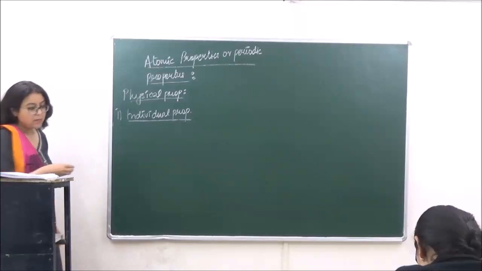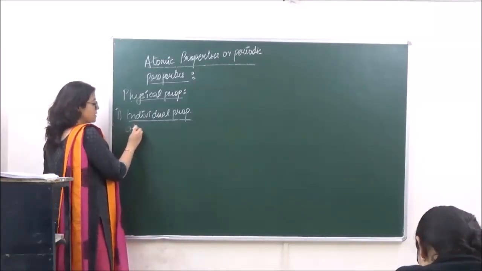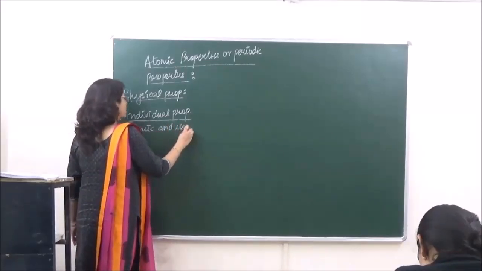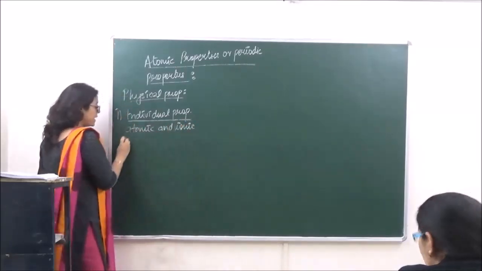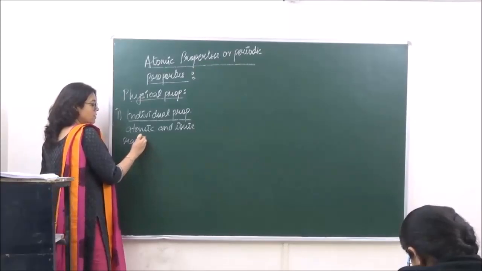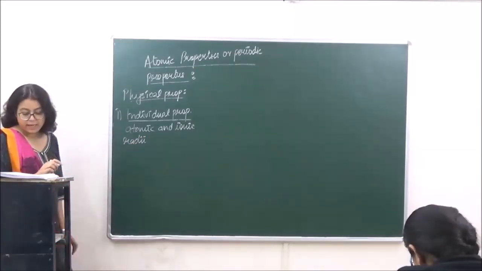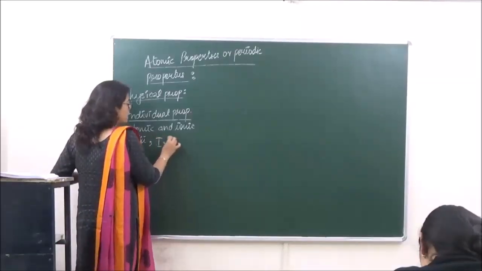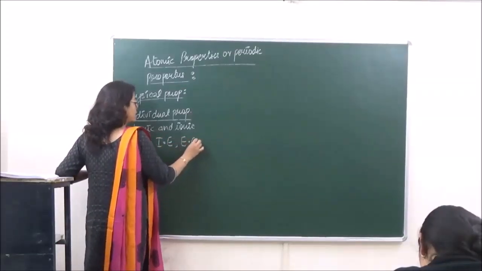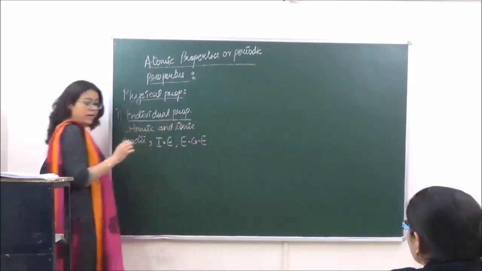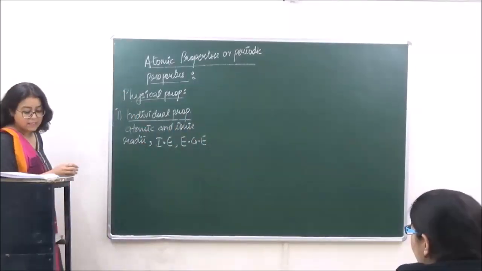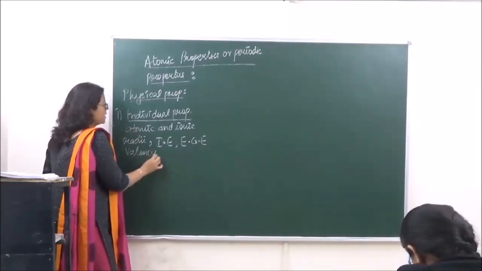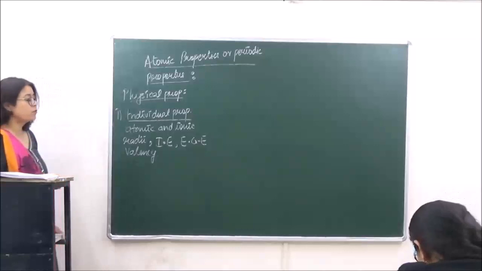For example, we have atomic and ionic radii, then ionization energy, electron gain enthalpy, and then valency. So all these are going to be the properties of individual atoms.